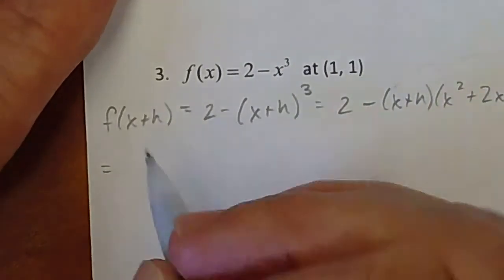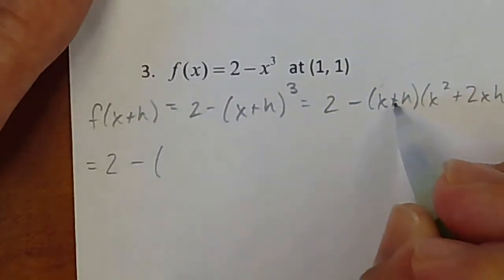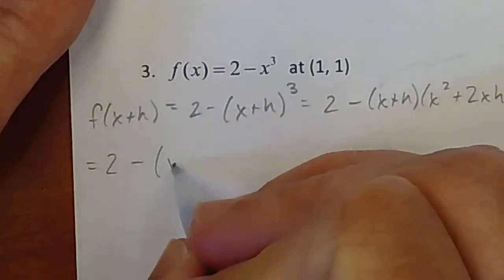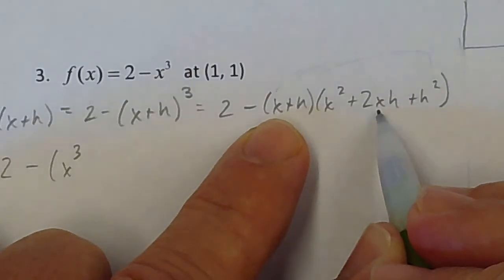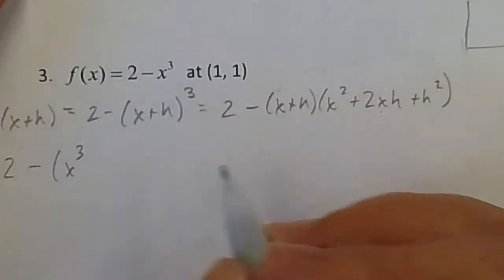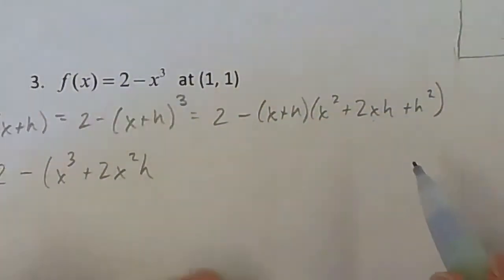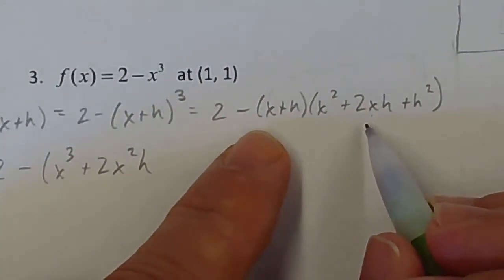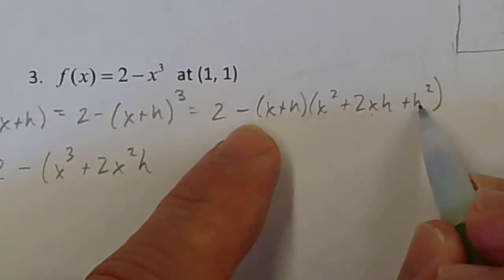So I've got a lot of terms. I'm going to move down here to give me some room. 2 minus. So here I get x cubed. X times 2xh is going to be 2x squared h, and it's positive. Just a lot of terms on this one when it goes to the third power, but it's not too complicated. X times h squared.